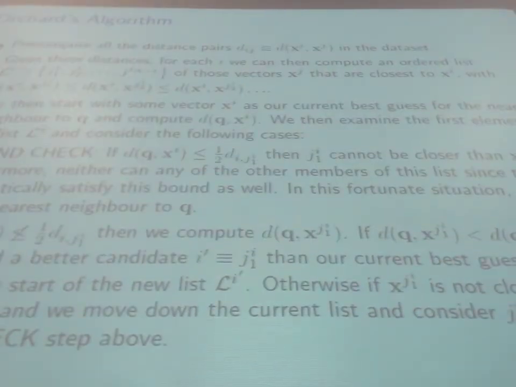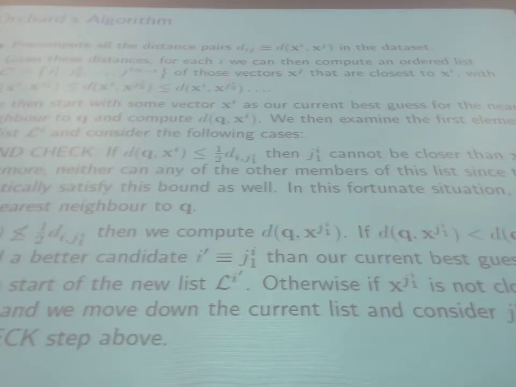Okay, so this led us on to Orchard's algorithm, which, I don't know if you remember this, but the idea is that you first compute all of these pairwise distances, and then you use those to construct various lists. For each data point xi, you construct a list of the other data points which are closest to it, in increasing order.